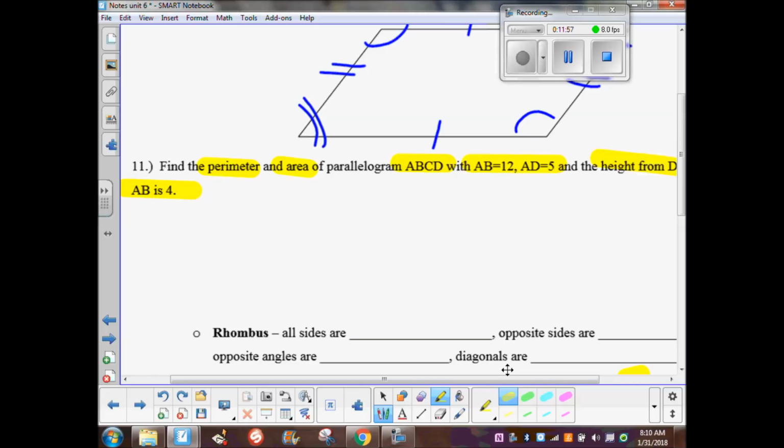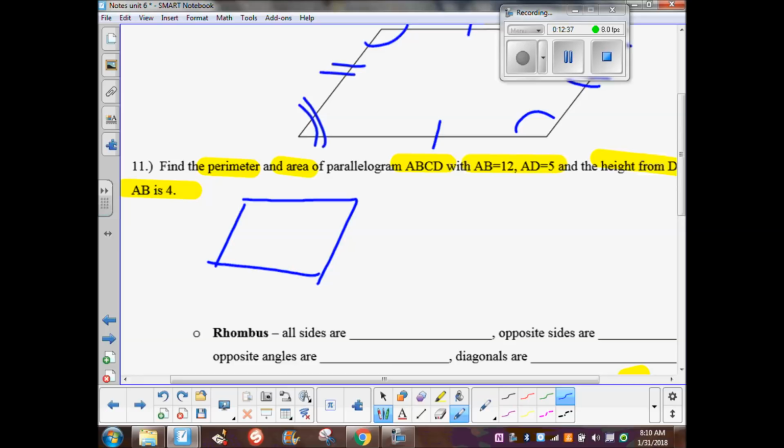So let's draw a parallelogram. Parallelogram is really like a rectangle that's been pushed to the side.